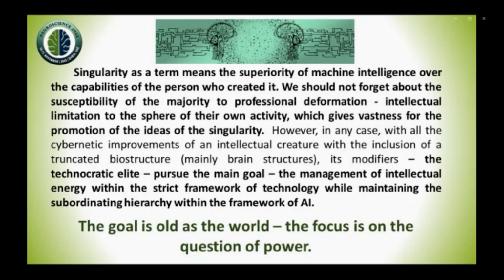However, in any case, with all the cybernetic improvements of an intellectual creature, with the inclusion of a trunked biostructure, mainly brain structure, its modifiers, the technocratic elite, pursue the main goal: the management of intellectual energy within the strict framework of technology while maintaining the subordinating hierarchy within the framework of AI. The goal is old as the world. The focus is on the question of power.